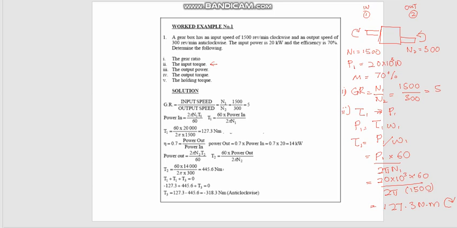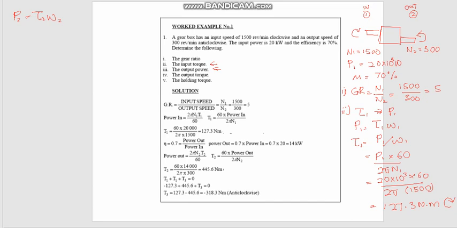Next, we are asked to find the output power. The output power, power 2, equals tau 2 times omega 2, but we don't know what tau 2 is, right? Because of that we cannot find power 2.